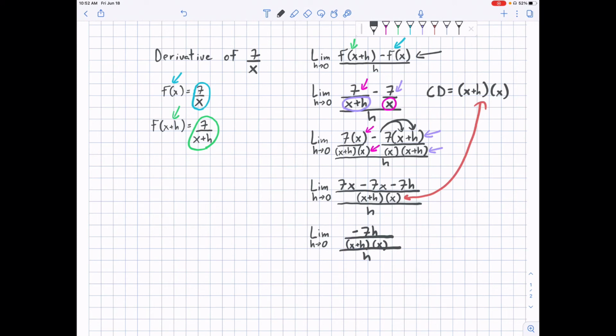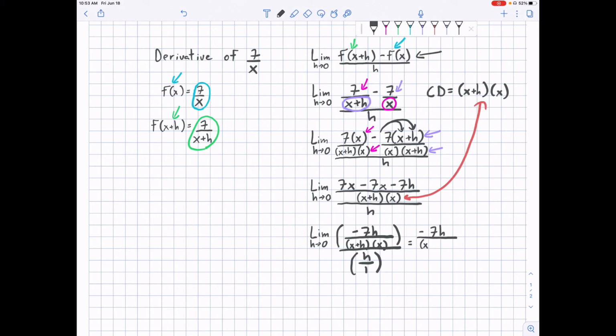Now, when you have fractions divided by fractions, you want to flip and multiply. So watch this. I'm going to put this in brackets, and put this over 1 and put this in parentheses. You can see it's a little more obvious that we have fractions divided by fractions. So I can rewrite it like so.